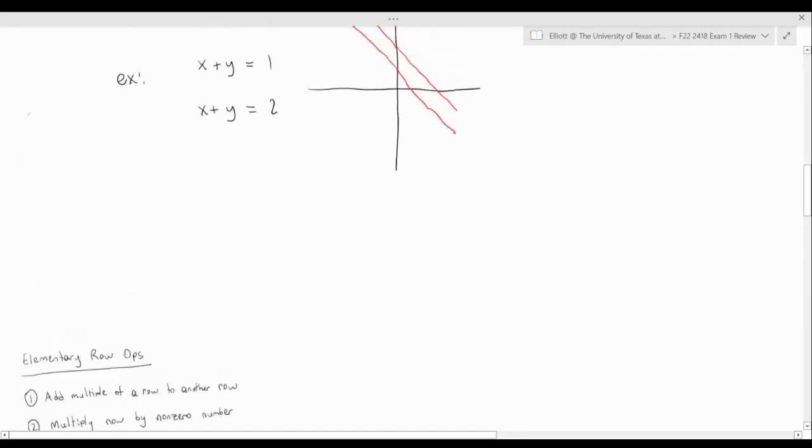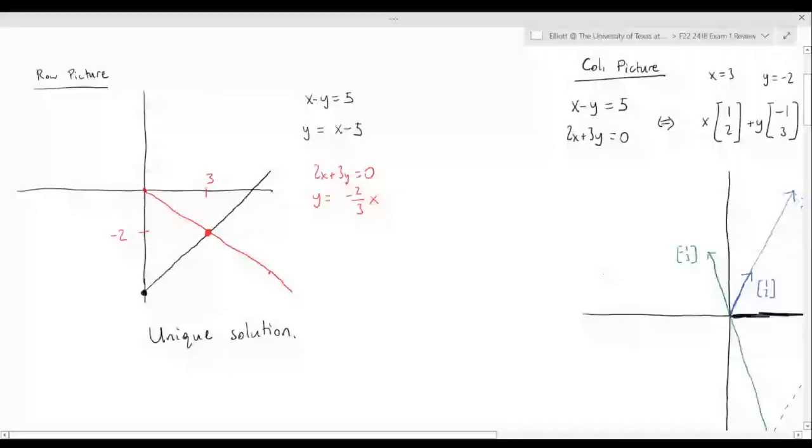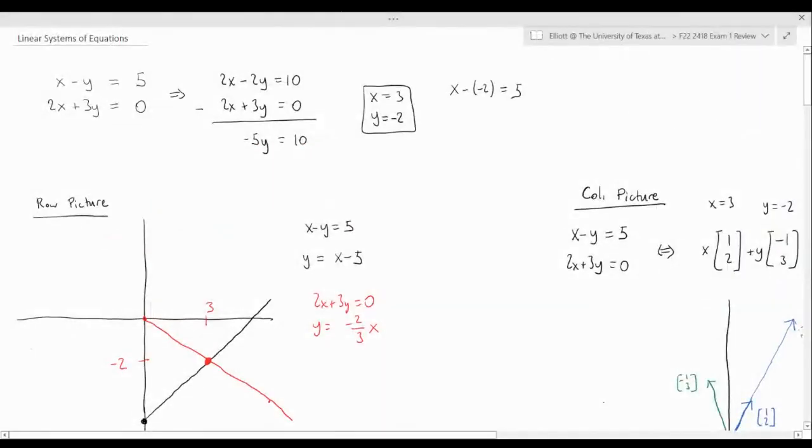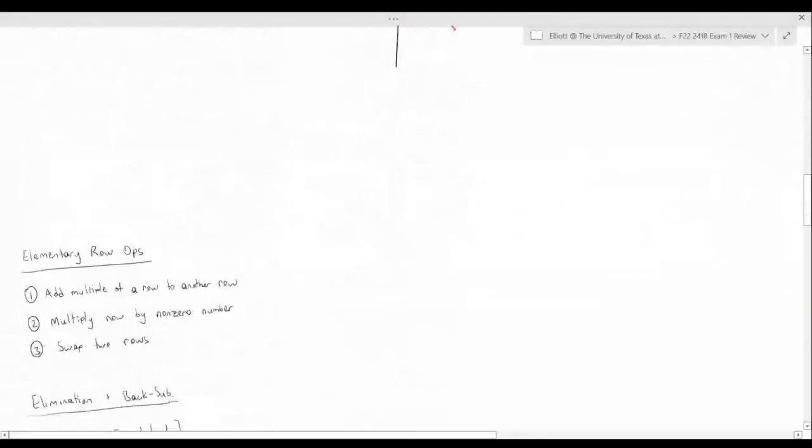So this operation is analogous to the operation that we did up here, where we multiplied the first equation by 2, and then we kind of like subtracted it from the second row, or the second equation. That's the idea of this first type of row operation.